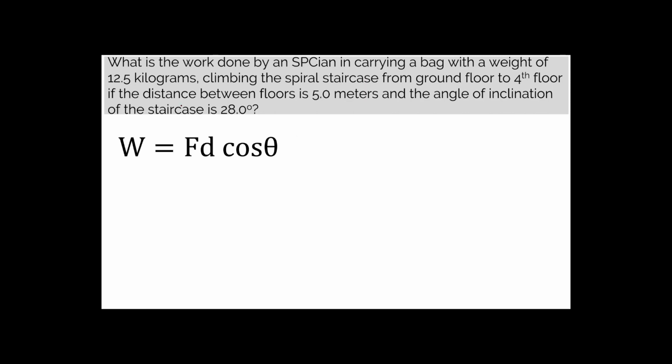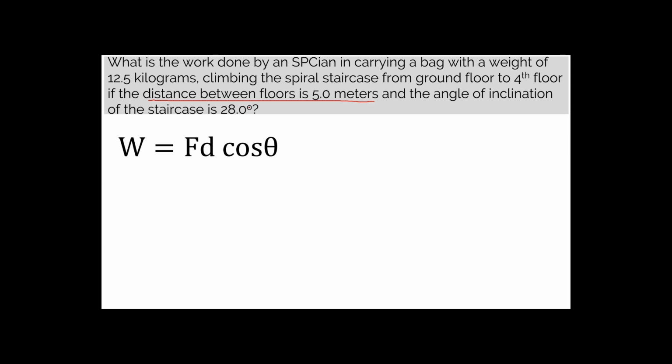But this time, the distance, since the distance between floors is equal to 5.0 meters, when we say distance between floors, that is the distance from the first floor to the second floor. That is 5.0 meters. So the distance between second to third is another 5.0 meters. From third to fourth, that is another 5.0 meters.